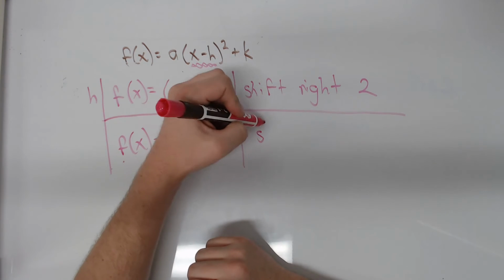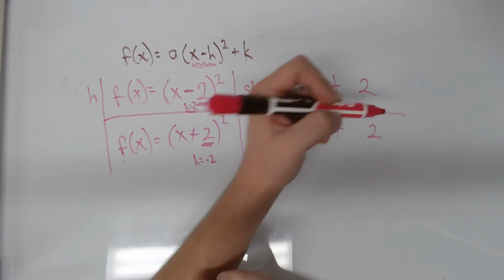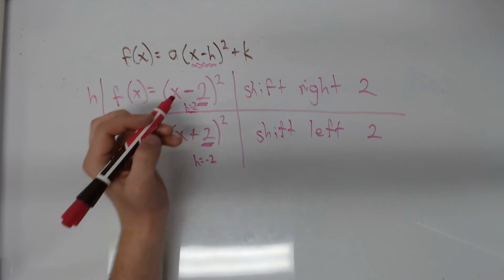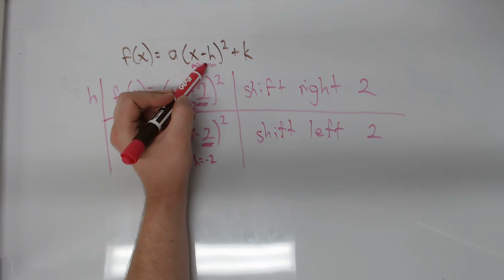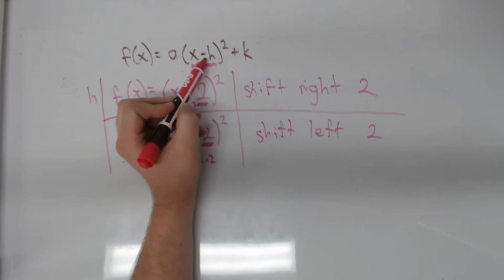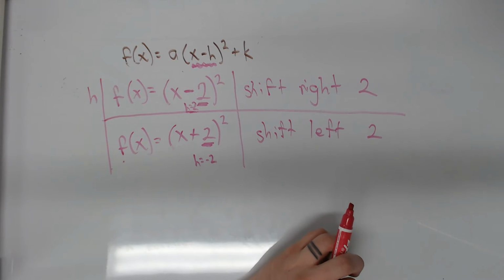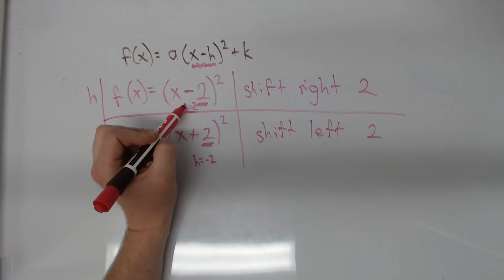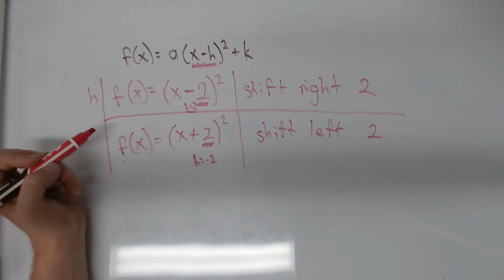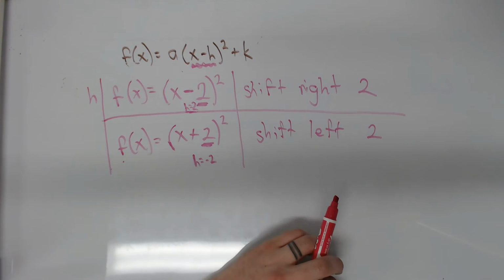And so plus 2 is left, shift left 2. This is the only one that's counterintuitive. All right. The way I want you to remember that is by looking at the equation. The minus in the equation says it's going to do the opposite of what you actually see there. So a minus 2 means h is actually a positive 2. A plus 2 means h is a negative 2. So again, a little counterintuitive, but just one thing to remember.